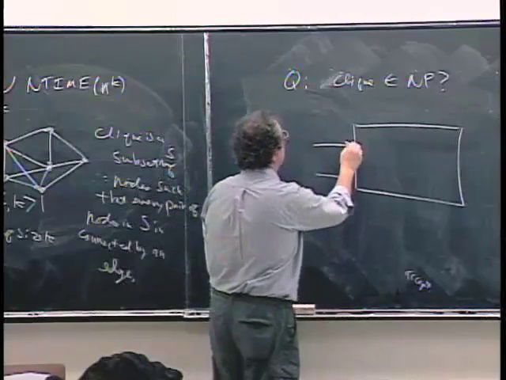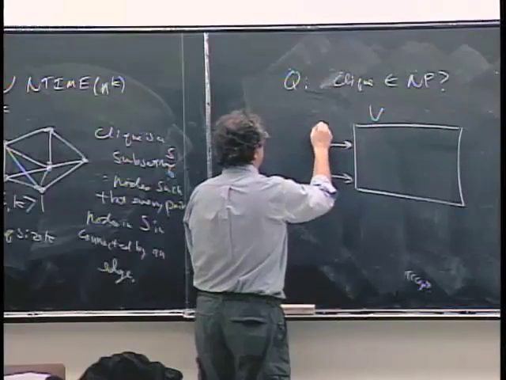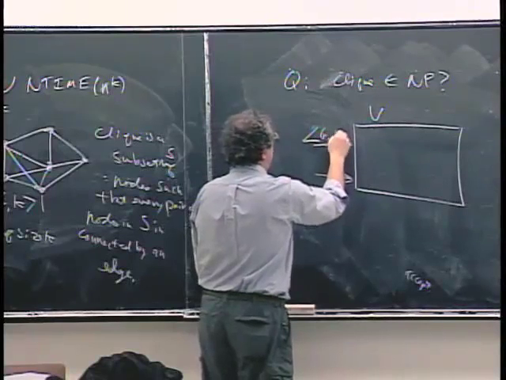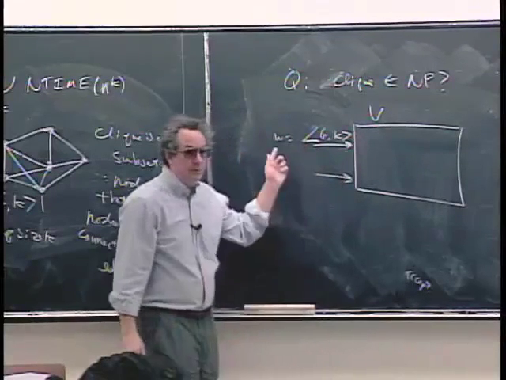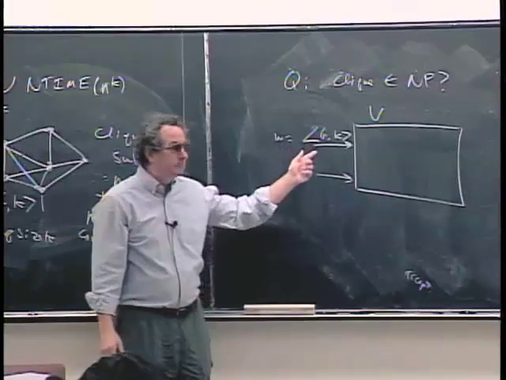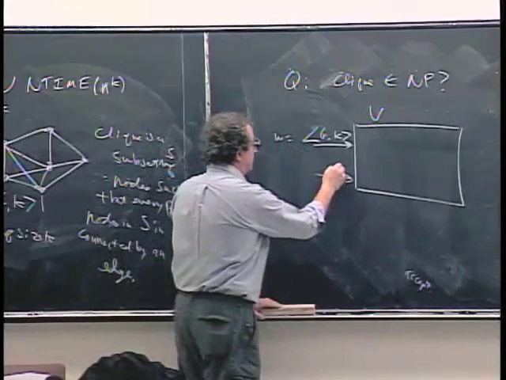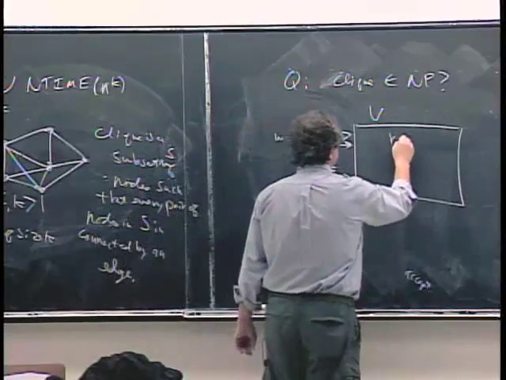So into the verifier comes the input G and K, and that's what the W is, what we've been saying is W, and also some C.